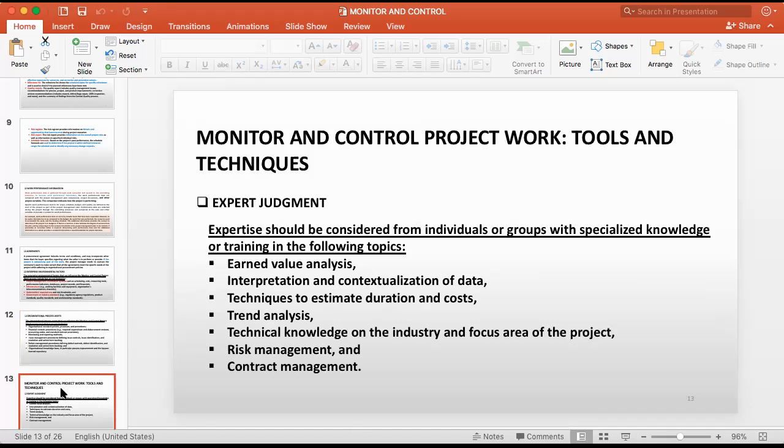Now we are coming to the tools and techniques. Before coming to the tools and techniques, I want to know whether you have understood these things. Can I proceed? Or do you have any questions or clarifications?